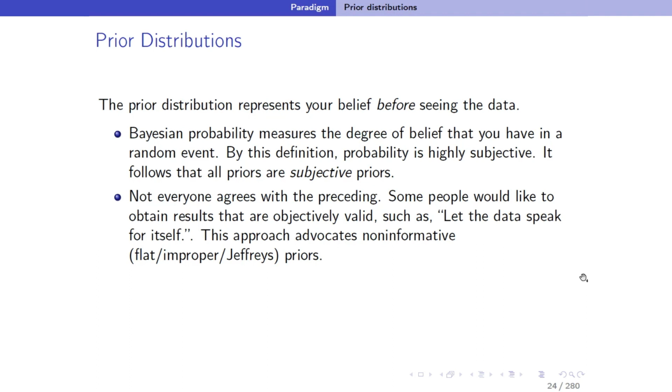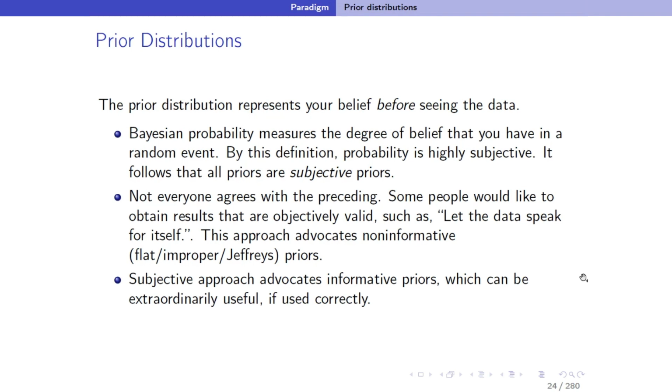This approach advocates non-informative priors. They're sometimes called flat, improper, and Jeffreys priors. And then the other side of the coin, the subjective approach advocates informative priors, just to say that combining the knowledge that you have in the analysis is just how we advance our understanding of things.